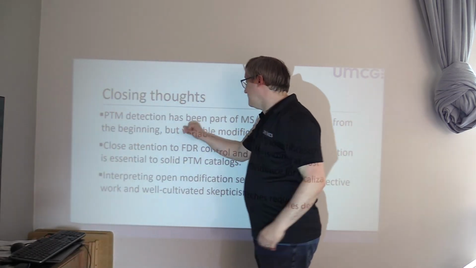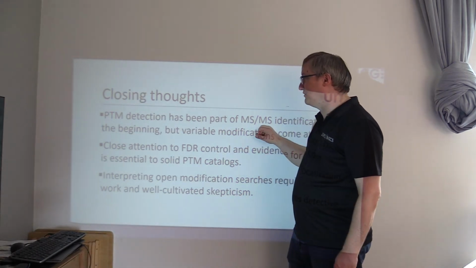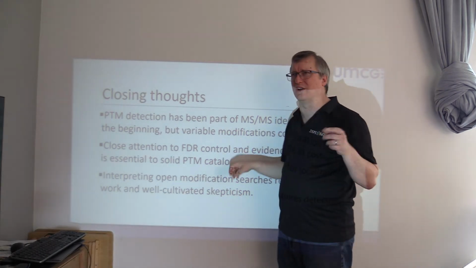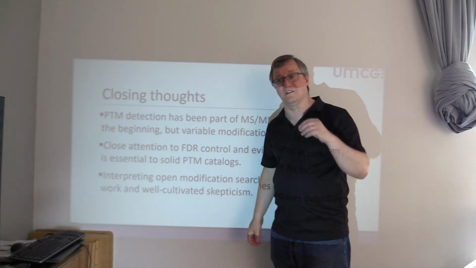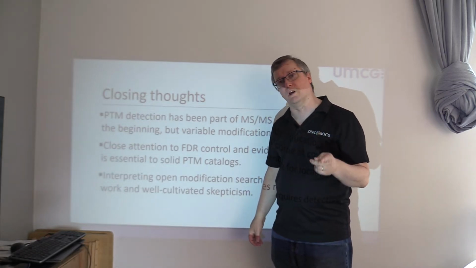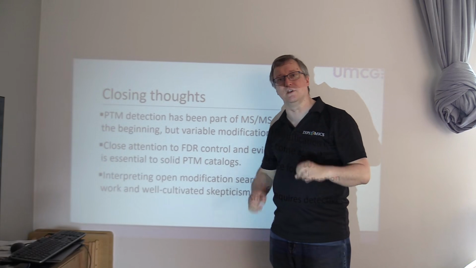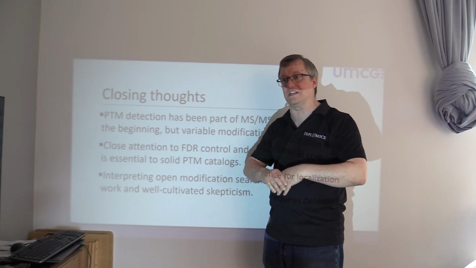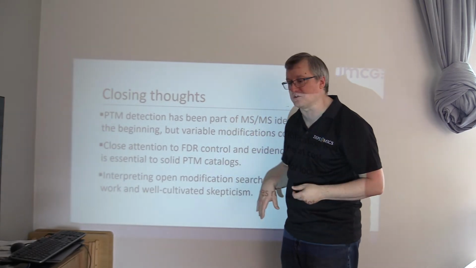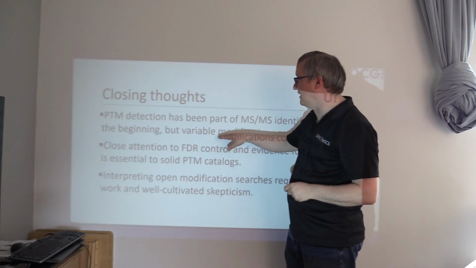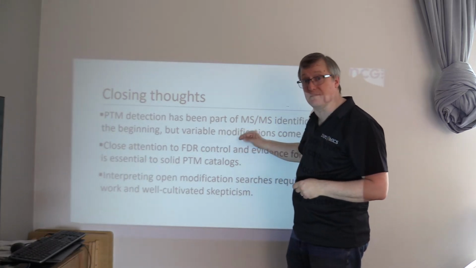So PTM detection has been part of MSMS identification from the beginning. I put a little star on this in my mind because the Sequest publication was 1994. It wasn't until 1995 that the dynamic or variable modifications were added. But this variable modification approach comes at some cost.